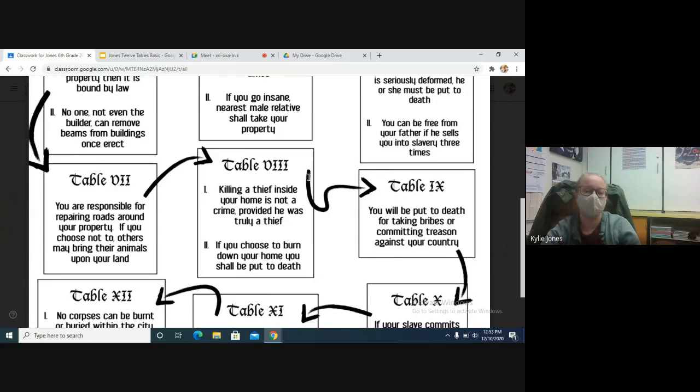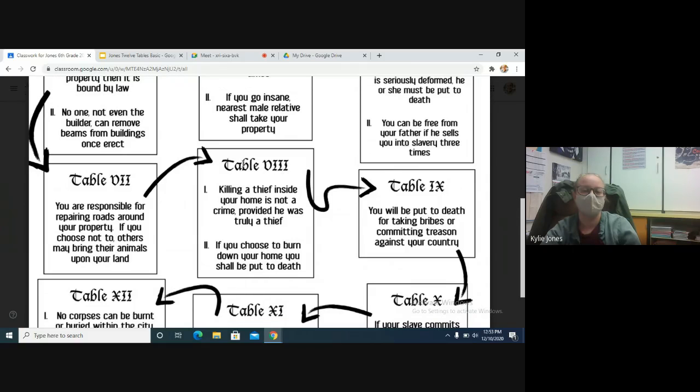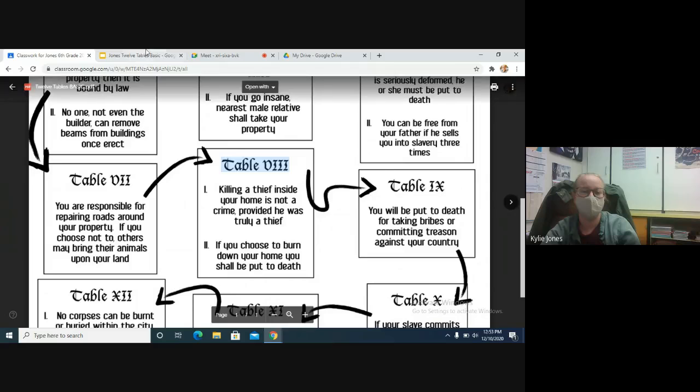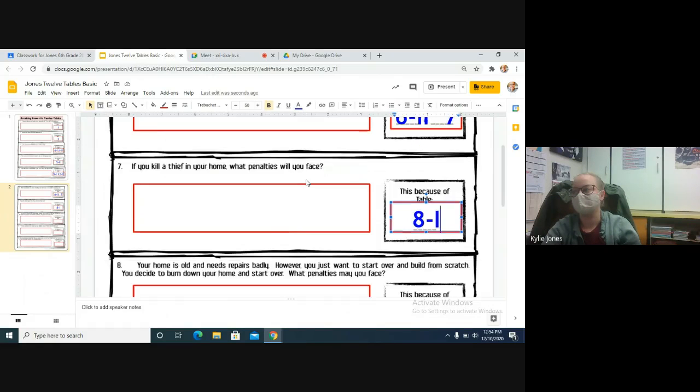Table 8, number 1, right here in the middle. Table 8, number 1 talks about killing a thief and what sort of consequences you will get. So 8 dash 1.